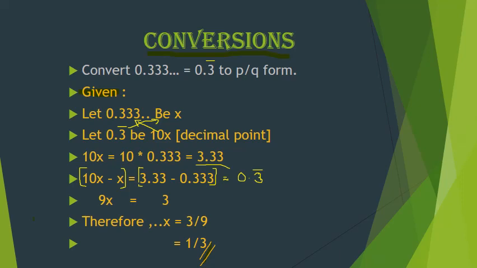Now if we have to convert these to p by q form, we must assume it in a variable form. So if I assume 0.333 dot dot as x, then 0.3 bar as 10x. My solution in the numerical statement will be: let 0.333 dot dot be x and let 0.3 bar be 10x.